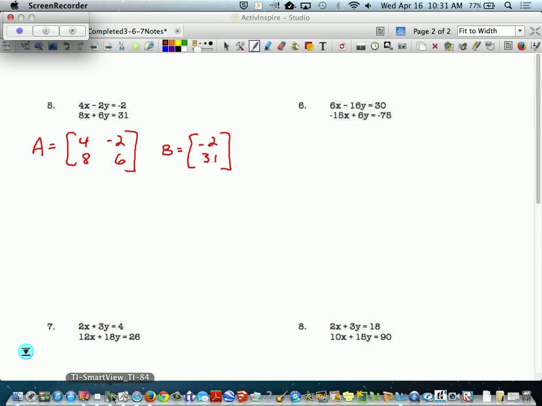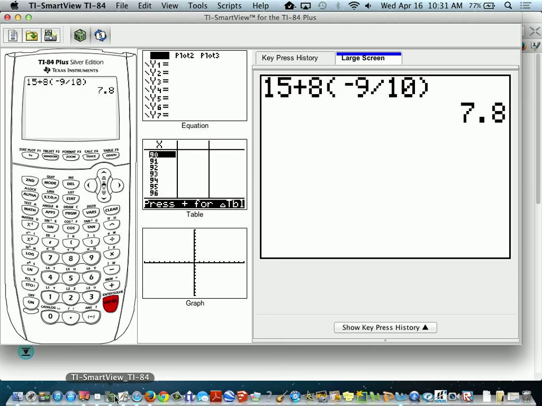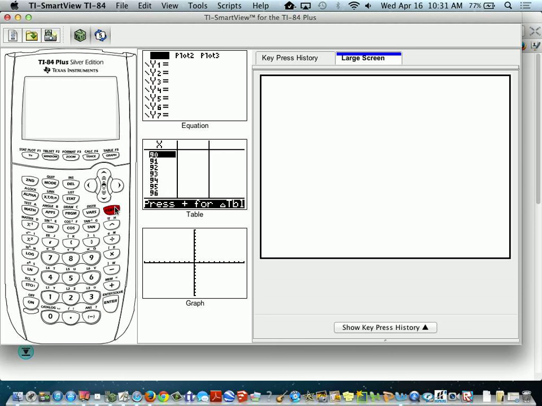So, let's go into the calculator. My matrix button is right above the x to the -1 button, this inverse button, so 1, 2, fourth one down.